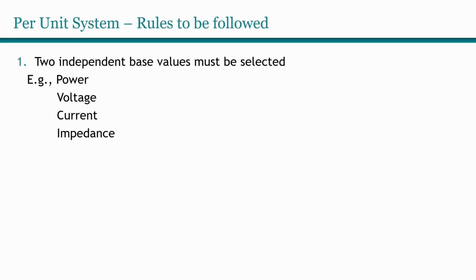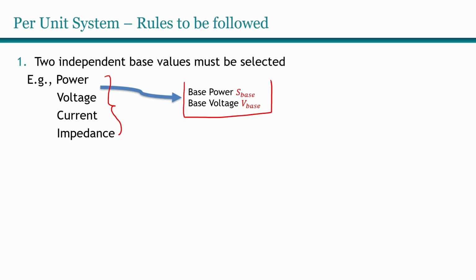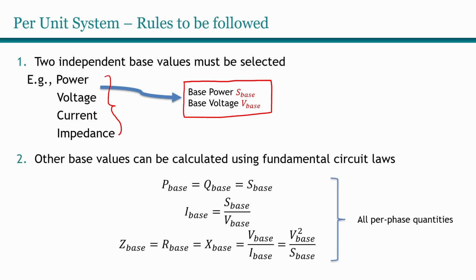Similarly, we can select base values for other power systems quantities as well, like power, current, impedance, etc. For the analysis of a power system, we need to select two independent base quantities. Typically, we select the apparent power base and the voltage base for this purpose. The other base values can be obtained using these two bases by the application of fundamental circuit laws as shown.